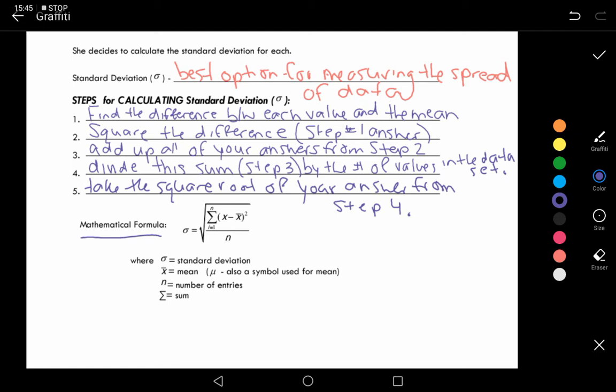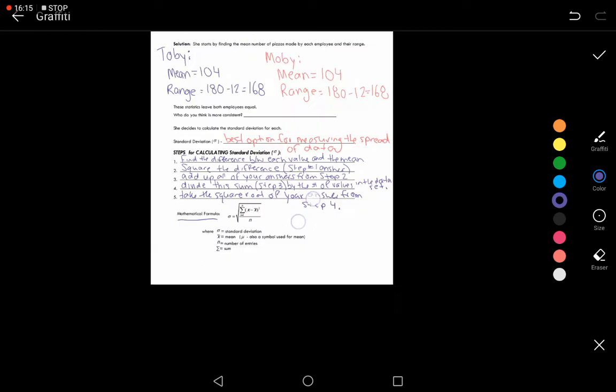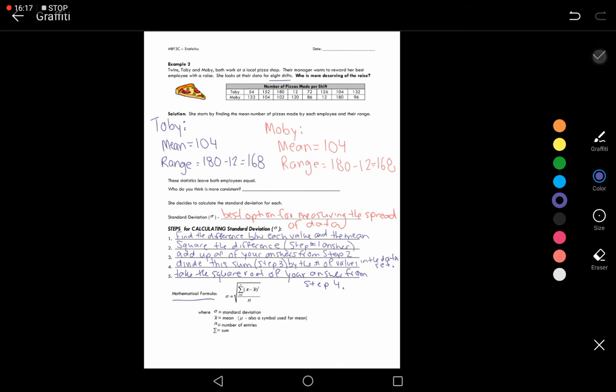The X with a line over top means the mean. That M-shaped thing could also be used for mean. N is the number of entries, and that weird Z-looking thing stands for the sum. Like I said, this is a confusing equation, but we're going to use it on the next page, so hopefully you will be able to understand where that's coming from.